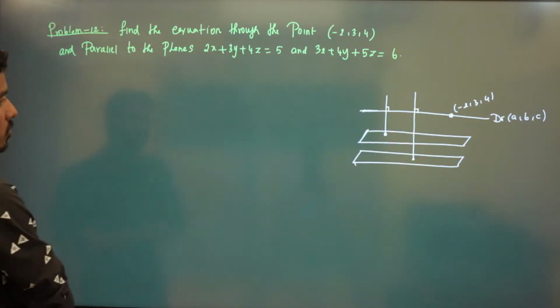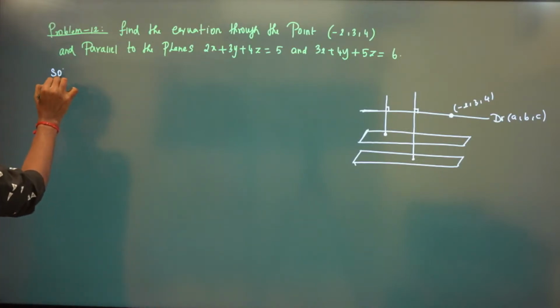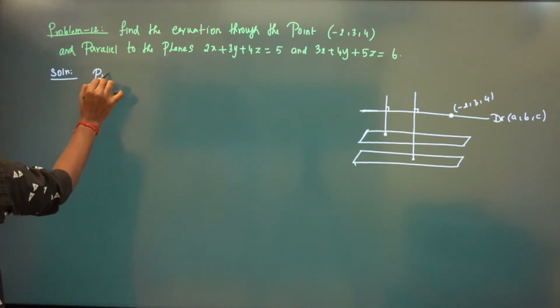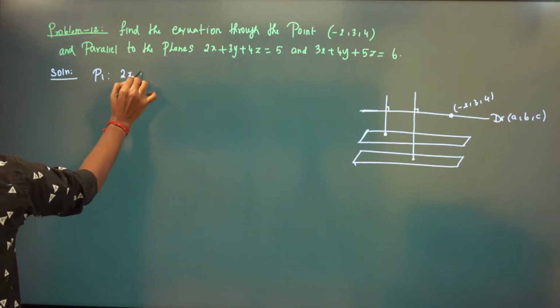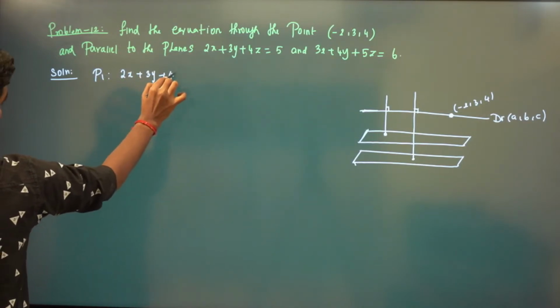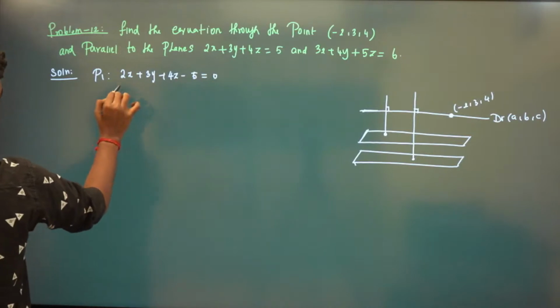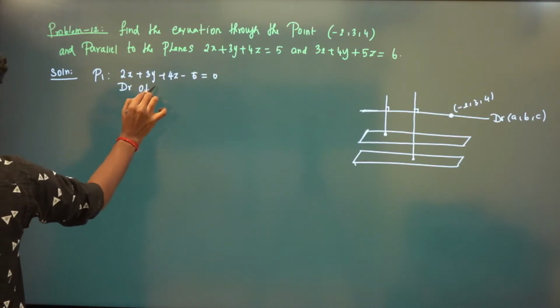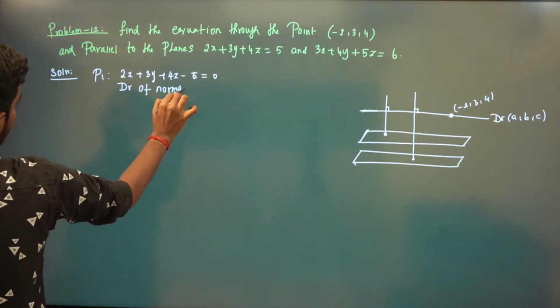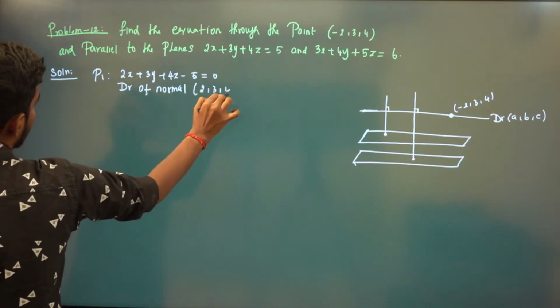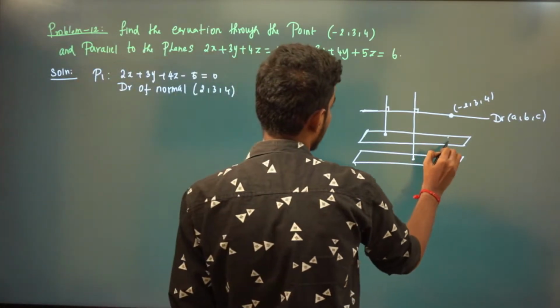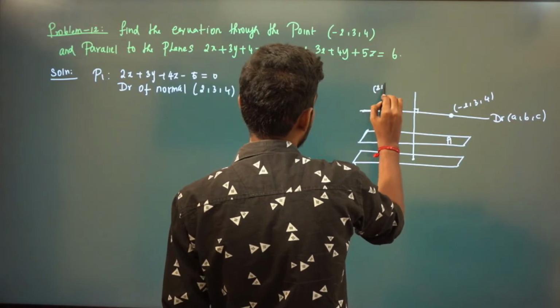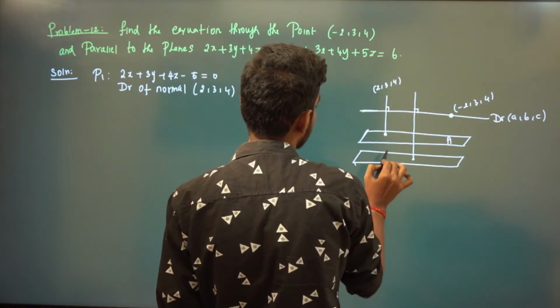Very easy, right? So what is P1? We have P1 as 2x plus 3y plus 4z minus 5 is 0. And what is the direction ratio of the normal? It is 2 comma 3 comma 4. This is P1, and 2 comma 3 comma 4 is the direction ratio of its normal.